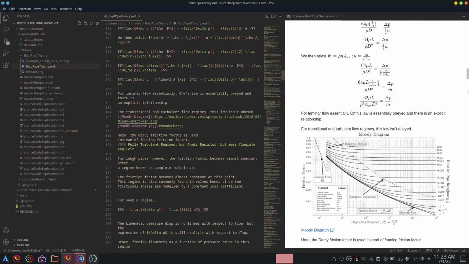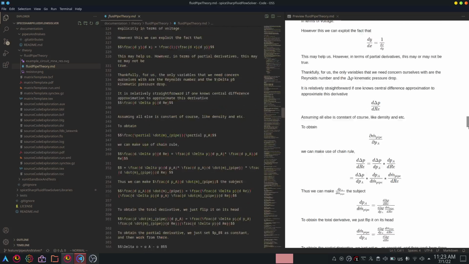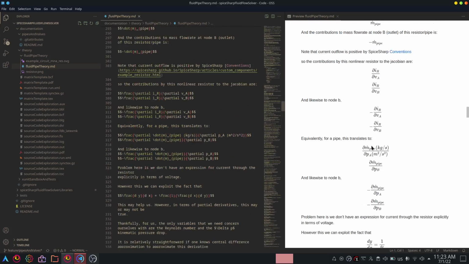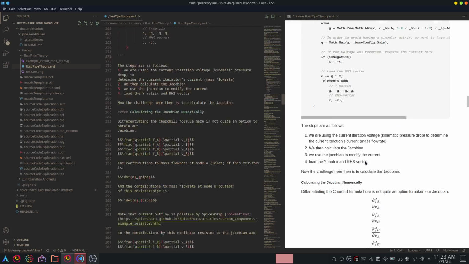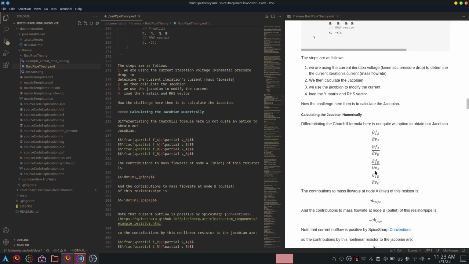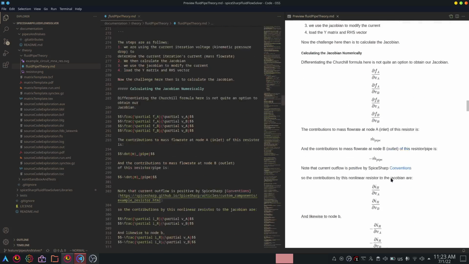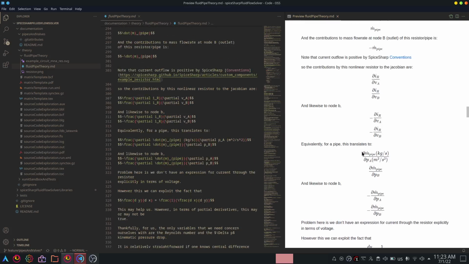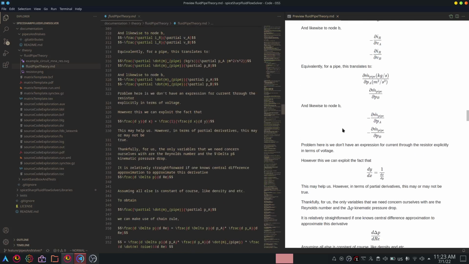Consider the Jacobians we need to calculate. If we take a look at the fluid pipe theory, we've gone through that a few videos back. How do we calculate the Jacobian numerically? We need to differentiate mass flow of the pipe with respect to the pressure. To obtain this, we have a pressure explicitly in terms of mass flow rate, or at least Reynolds numbers.